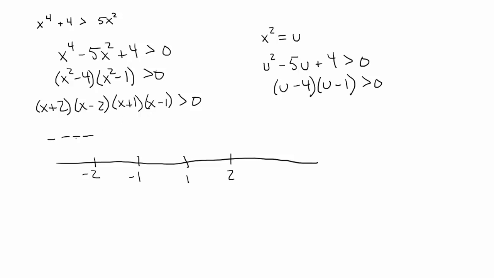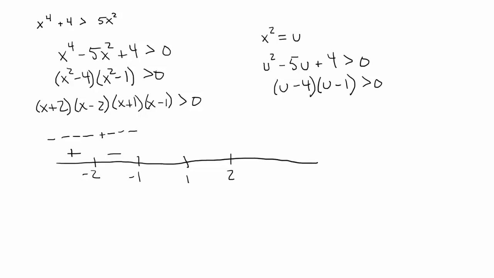So 4 negatives. 4 negatives makes a positive. And now if I choose -1.5, we're going to have -1.5 plus 2 is positive, and then negative in the second factor. And -1.5 plus 1 is negative, and then negative again. So we have 3 negatives and a positive, giving us negative.